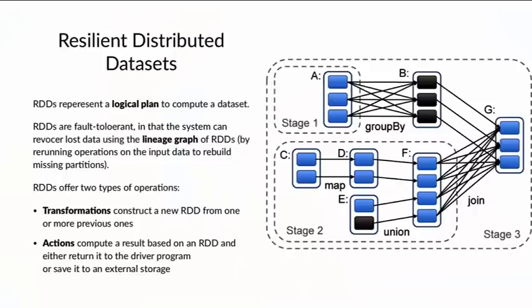So the core concept of Spark is the resilient distributed dataset. RDDs represent a logical plan on how to compute a dataset. So you start with an input dataset, and then you have a graph of computations which describe your end result.